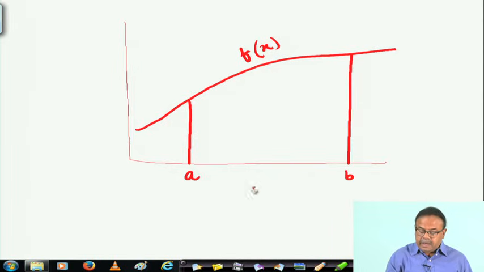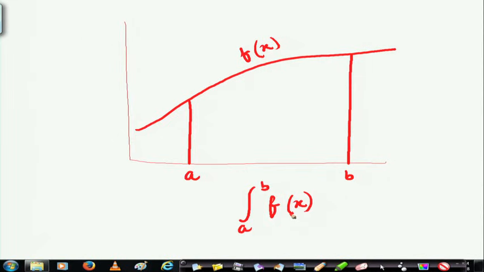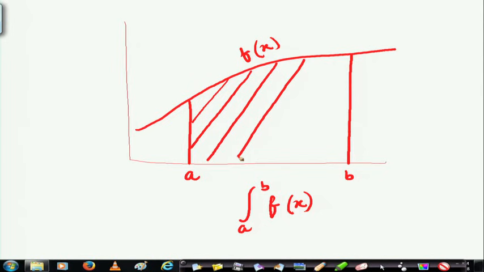So, we write that as the integral from a to b of f(x), right. And you also know that this integration actually means the area under this curve, all right. This value is the integration. So, we will look at how we can solve this problem.